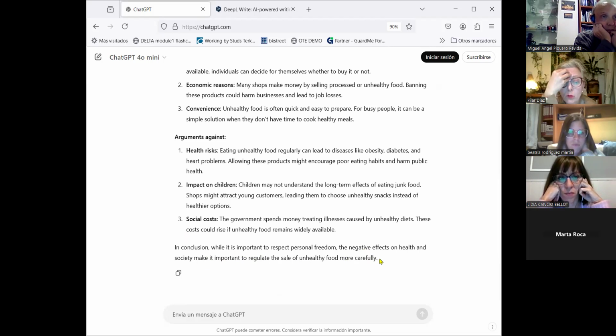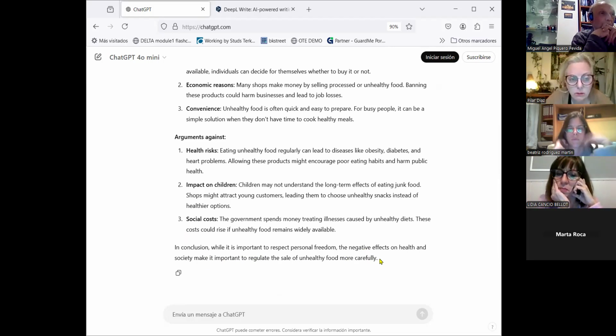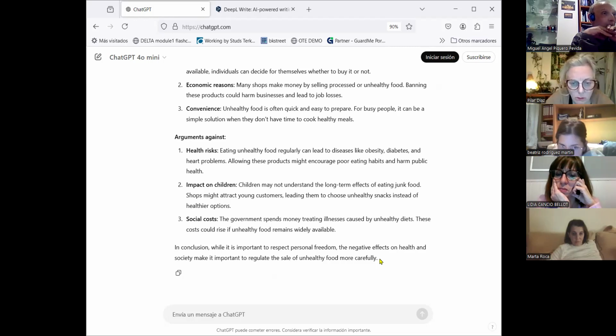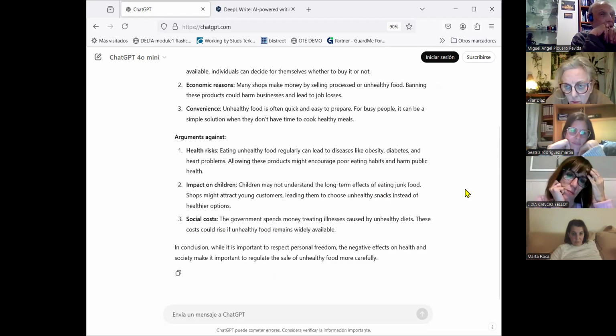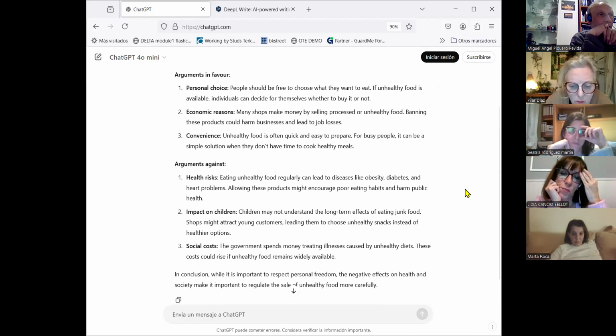Isn't that fantastic? The only thing it didn't give us was the irregular verbs. I don't know why. So there's not too many irregular verbs. We've got eating, understood, lead, I suppose, spend, rise. So there are some irregular verbs, but not many.